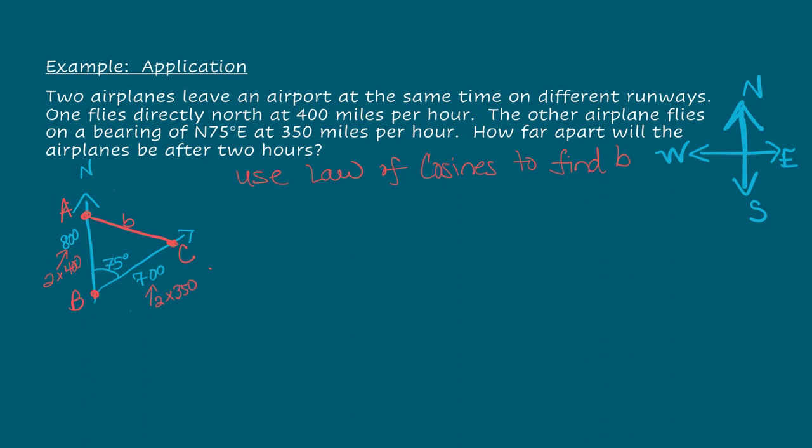All right, so my law of cosines tells me that I have b squared equals a squared plus c squared minus 2ac cosine b. And I'm choosing that one because I labeled b my included angle right here. So my b squared value is my unknown. I don't know what b squared is.